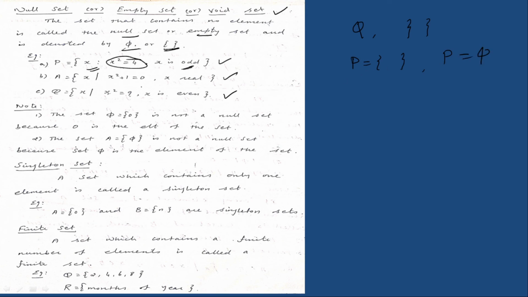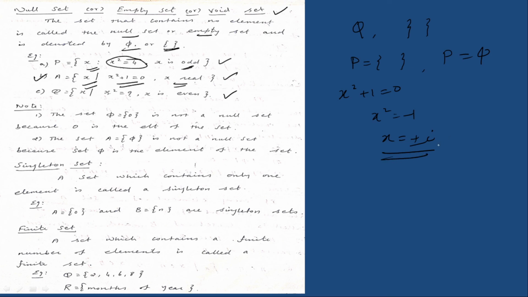The second one, the set A is equal to the set of all x such that x squared plus 1 equals 0, where x is a real number. This case occurs only in the complex number system, but does not exist in the real number system. So x squared plus 1 equal to 0 means x squared is equal to minus 1, which means x is equal to plus or minus i.